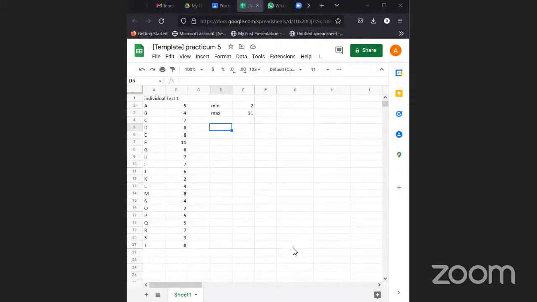Are you able to see this? So we've collected certain scores for a test, right? These are all the various scores that we've collected, and we have all of these individuals that are a part of this particular test.